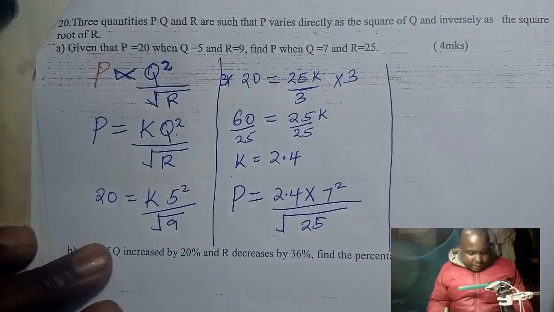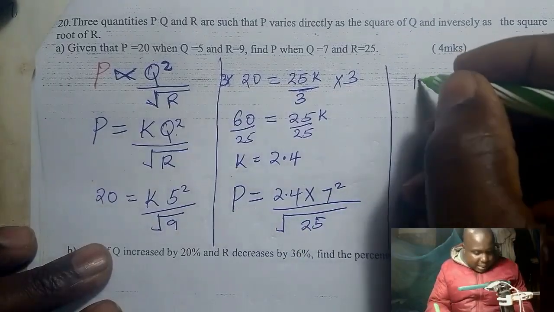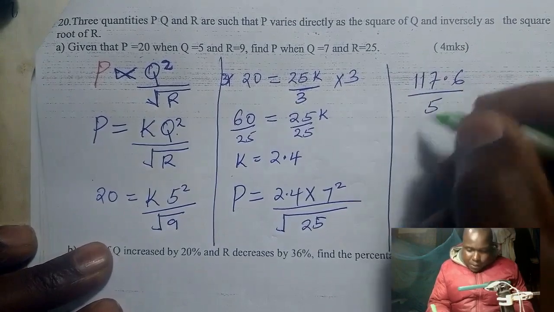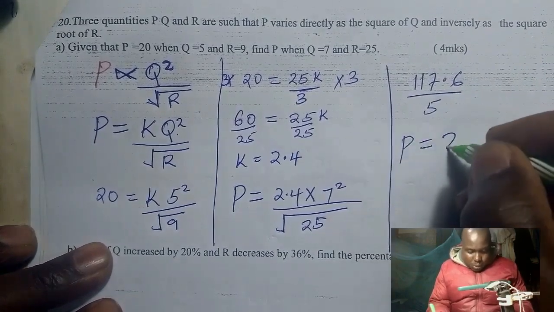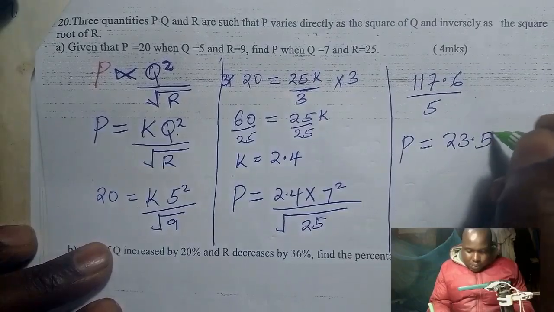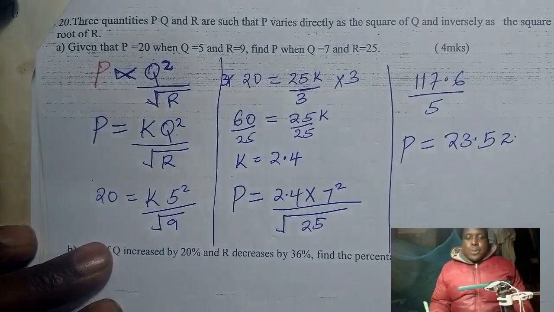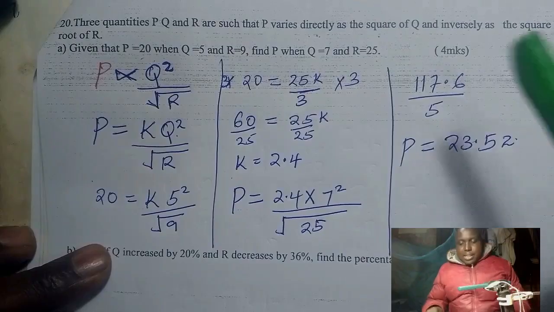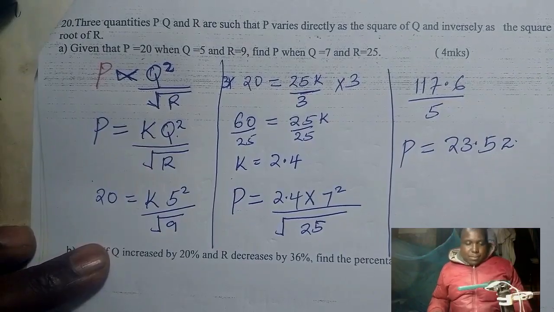Now this one is 117.6. We divide by 5. And P will be 23.52. As simple as that, you get your 4 marks.